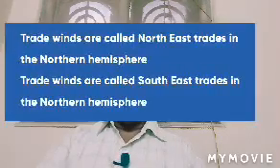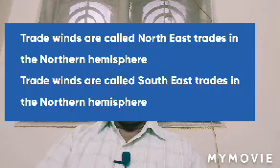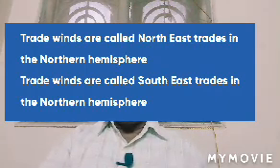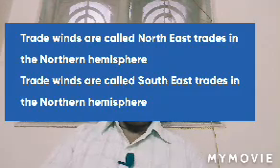The easterlies are moving from the northeast in the northern hemisphere. They are called northeast trade winds in the northern hemisphere, and in the southern hemisphere, southeast trade winds. In the temperate zone, which winds are there?